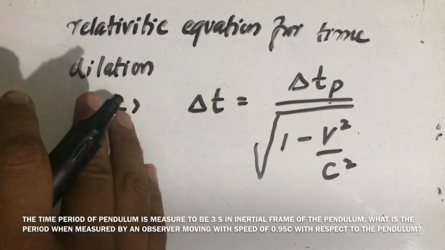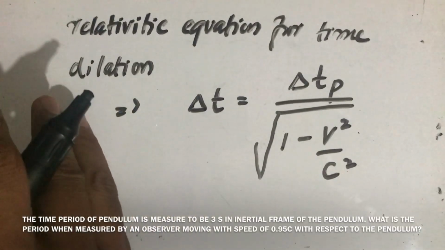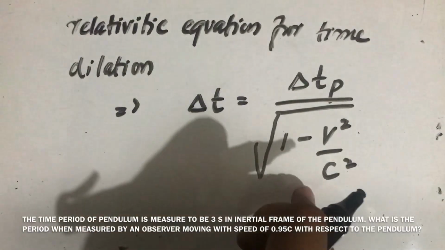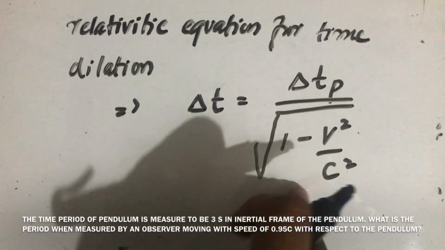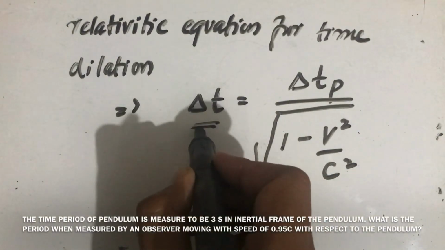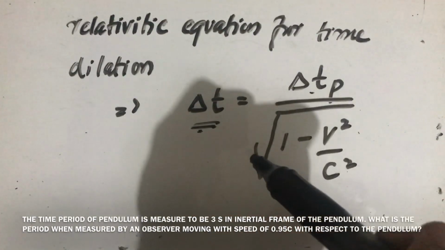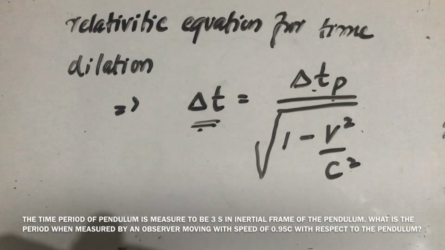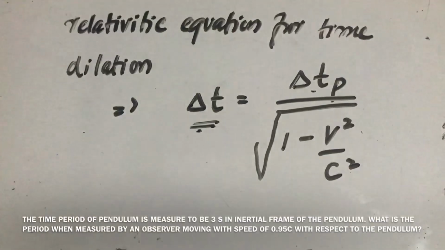Now we have the given data, so it is very easy to put that data in this equation and get the dilated time. So this is the dilated time and this is the proper time. Now just put the data in this equation.